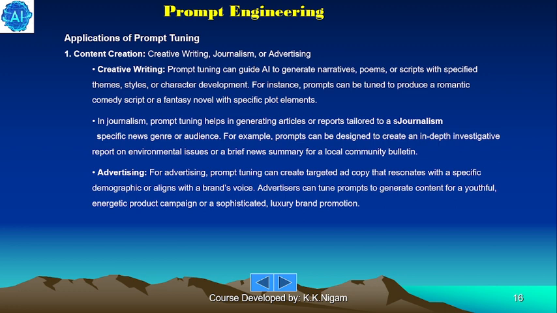In journalism, prompt tuning helps in generating articles or reports tailored to a specific news genre or audience. For example, prompts can be designed to create an in-depth investigative report on environmental issues, or a brief news summary for a local community bulletin.